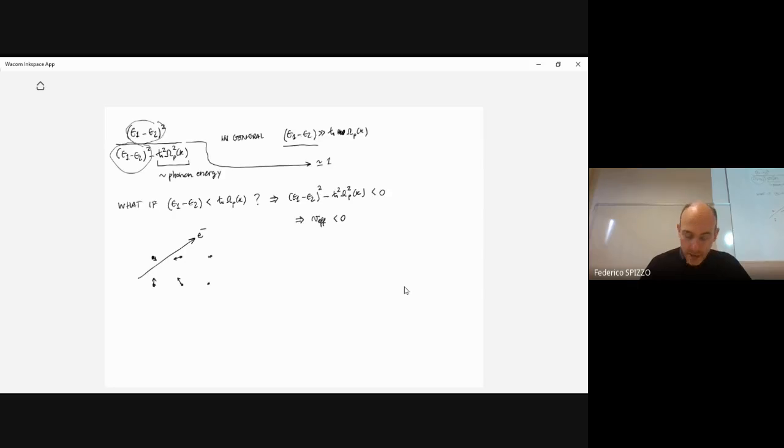Due to this attraction, in this region you have an excess of positive charge density. Due to that excess of positive charge density, a second electron may feel an attraction to that region. So the attractive interaction between the electrons is mediated by phonons.